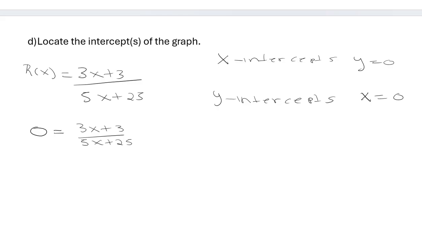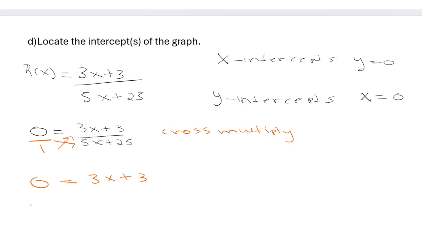So 0 equals (3x plus 3) over (5x plus 25). This is two fractions equal to each other, so I'm just going to put the 0 over 1 and cross multiply so I can solve for x. I have 0 times (5x plus 25), that's just 0, and then I have 1 times (3x plus 3), so that's just 3x plus 3.